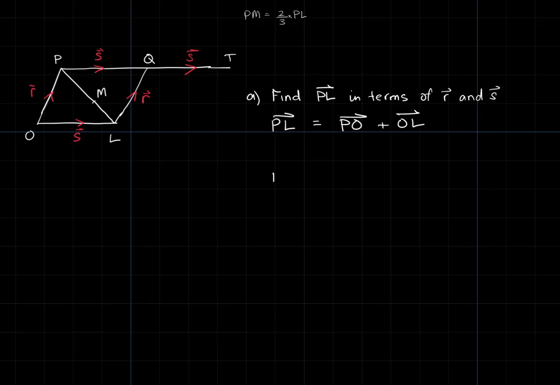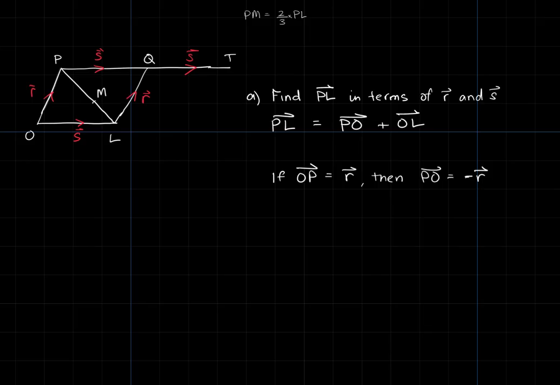But if OP is equal to R, then PO is equal to minus R, because it's going in the opposite direction. Same length, but going in an opposite direction becomes a negative vector. That's it.